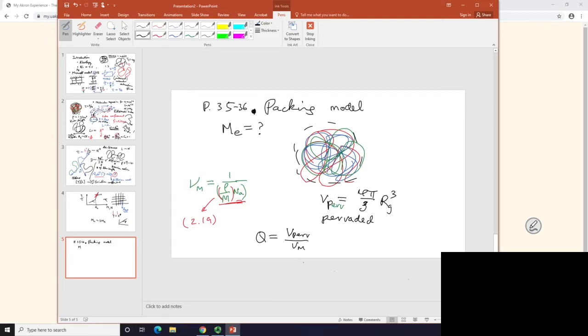Because in this volume, each chain occupies a volume of this much, and this is how many chains you can accommodate. Okay? So this is all, as I said, on page 35.